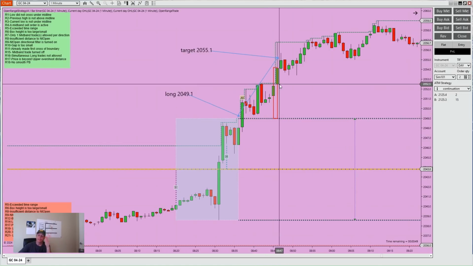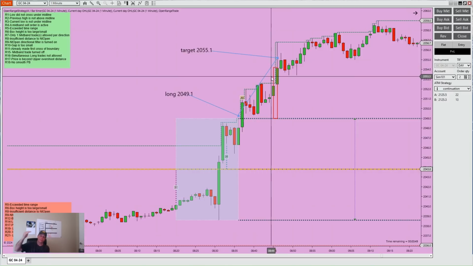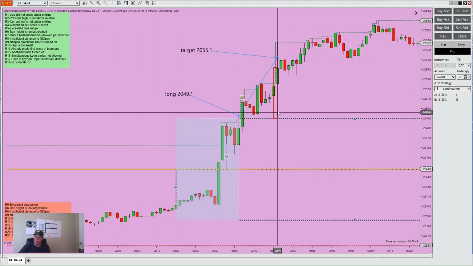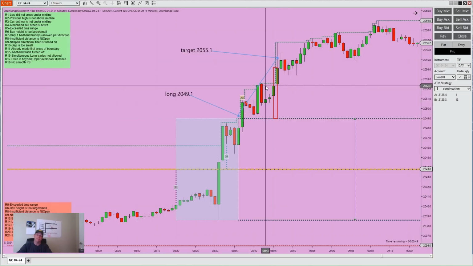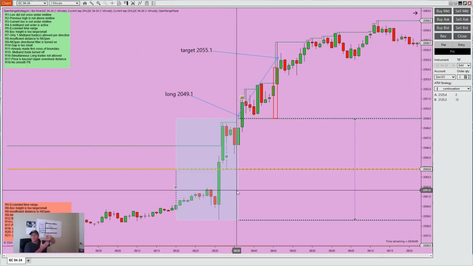Now, one of the things I wanted to show you was this right here. That's my distance calculator that I have set up to stop trades to the long side when price reaches a certain point in the direction outside that box. This gap from here to here is that setting on gold, and it recalculates every time a box is created.